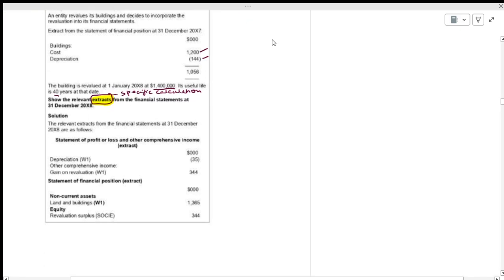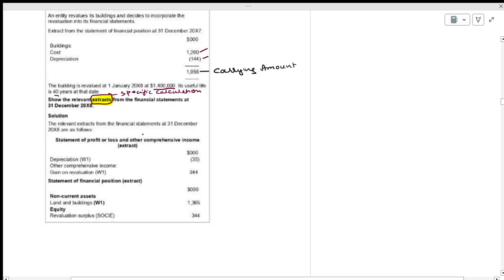Now what happens? It has to be depreciation. Is it right? How much is the depreciation, and this is called the carrying amount.